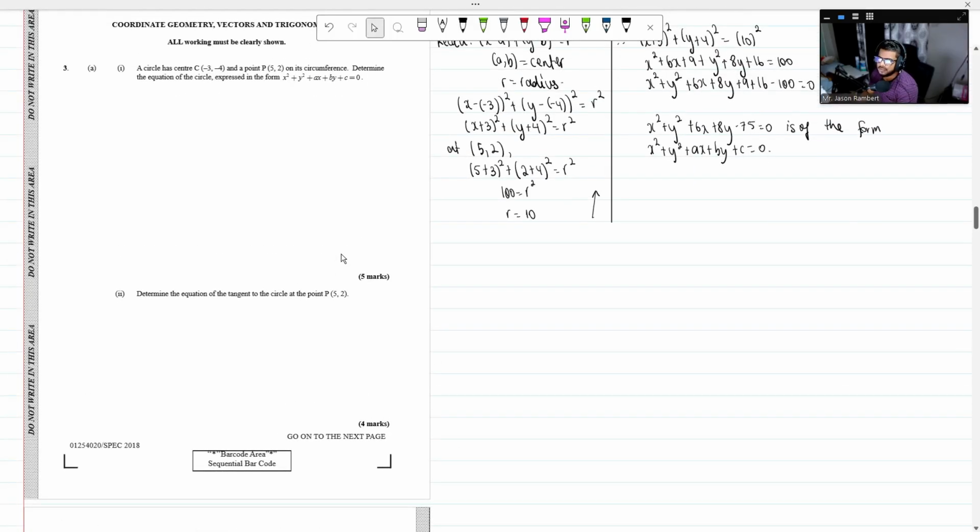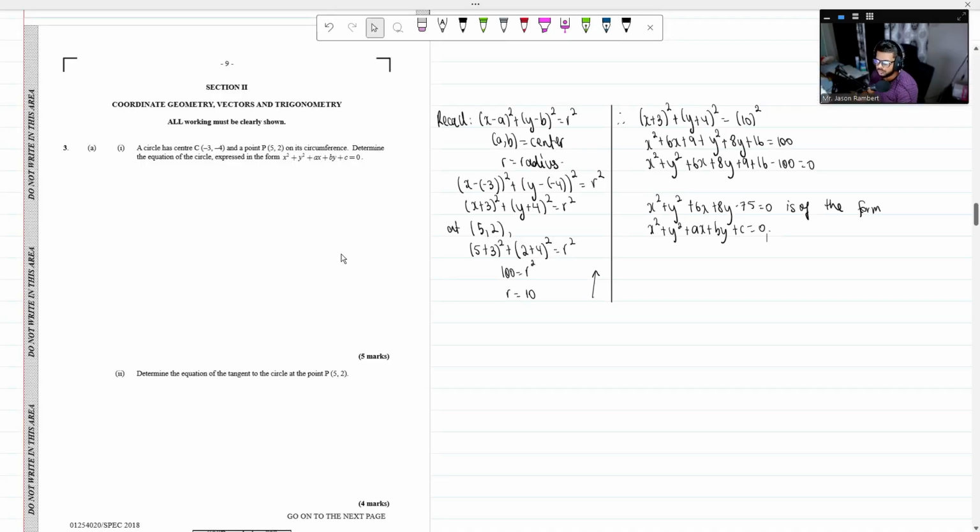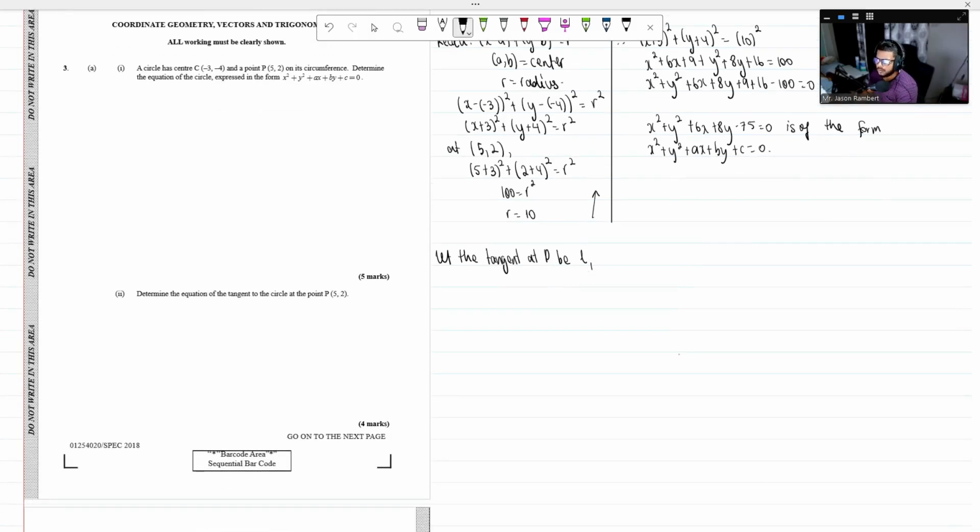Determine the equation of the tangent to the circle at the point P (5, 2), 4 marks. So let the tangent at P be, I like to call it L1. You could call it anything you want. Let C be the center.